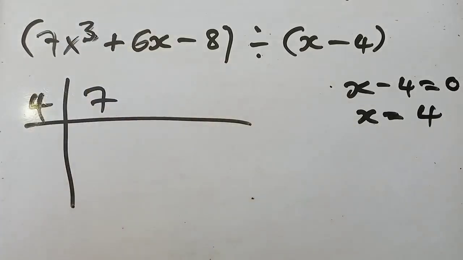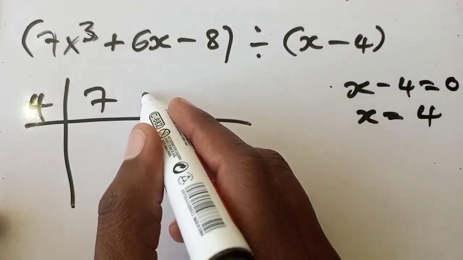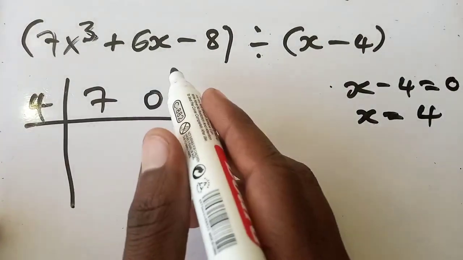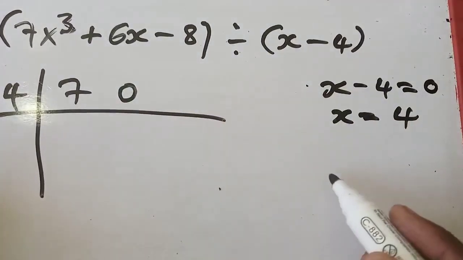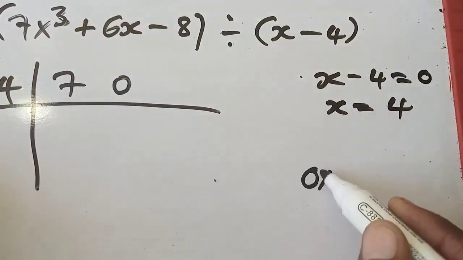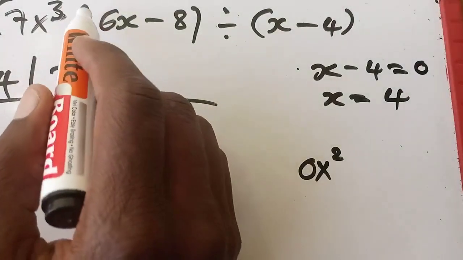So suppose you don't have the next one, which is supposed to be power 2. So it means that we have 0x to the power 2, since there is power 3, so that we complete this.